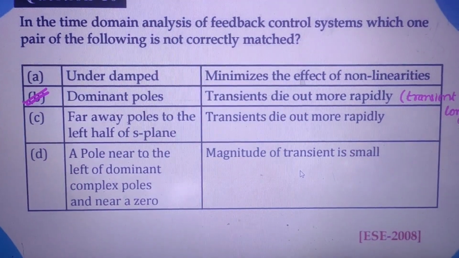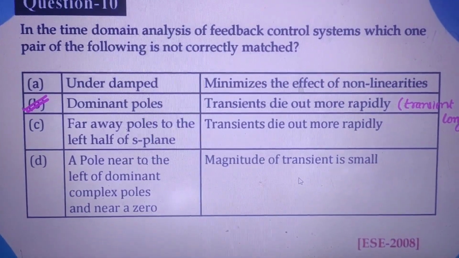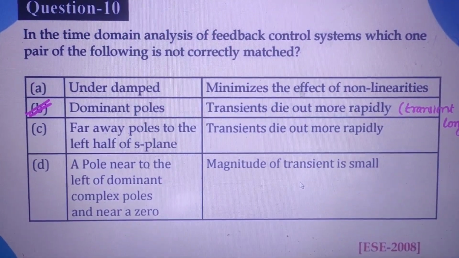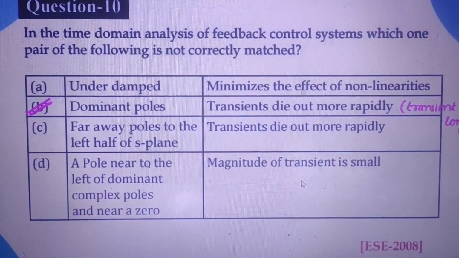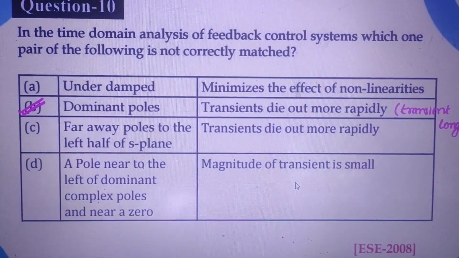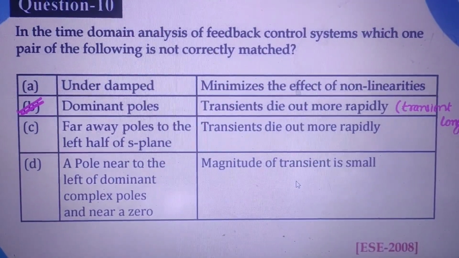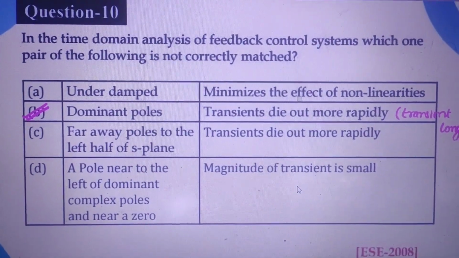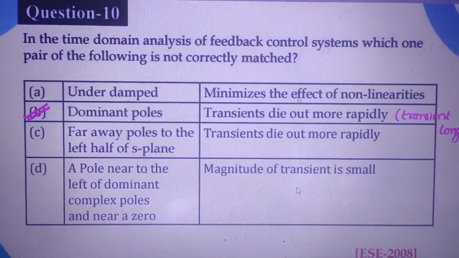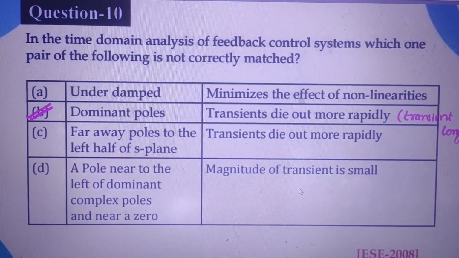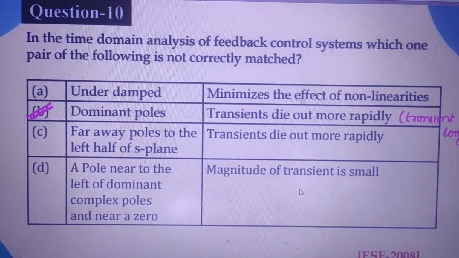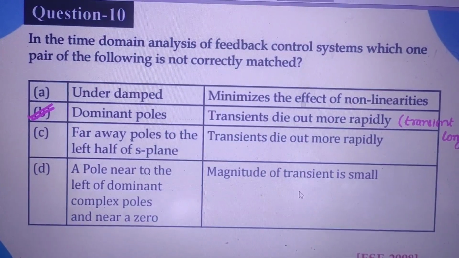In time domain analysis of feedback control systems, which one pair of the following is not correctly matched? Option A, underdamped. Underdamped means eta is less than 1. So as we go on with time, its oscillations get decreased.